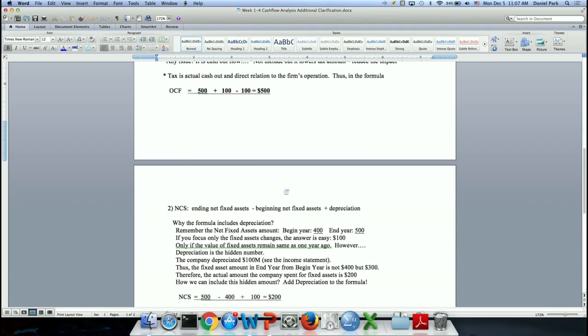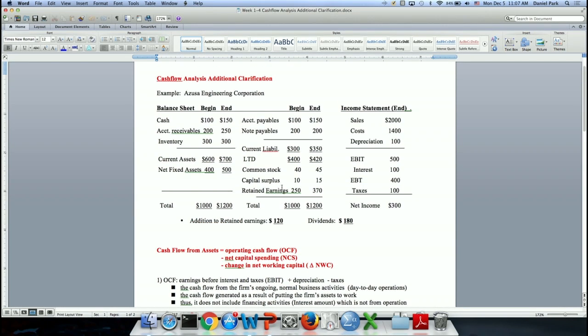If you take a look, end of the year 700. Go back here again. Current asset end of the year 700, beginning year 600. If you just take a look at current asset changes, again, adding more assets means money out, and you see the company purchased 100 million additional current assets. So money out is just $100 million. Actually, this is less. Look at here. Current asset change is 100 million, but look at the current liabilities.